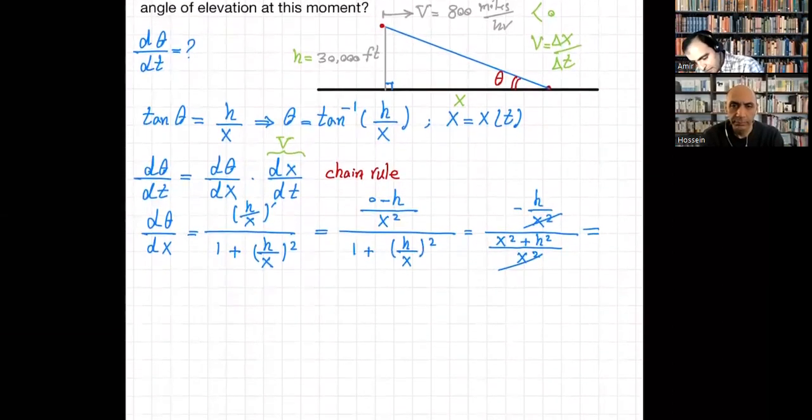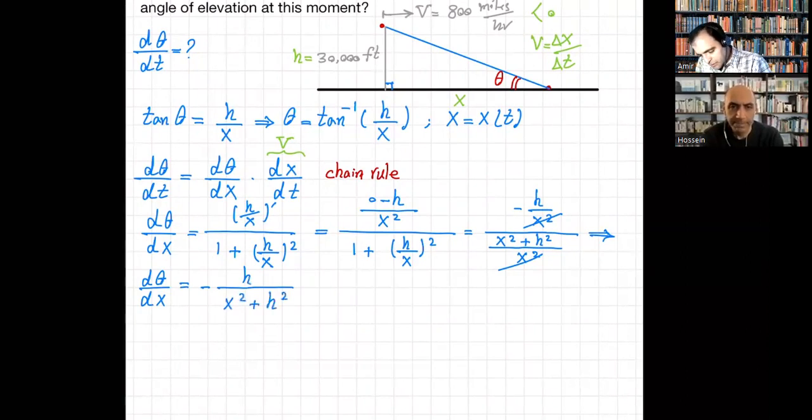And therefore, d theta over dx is equal to negative h over x squared plus h squared. Okay, so far we have this term, which is known. We obtained the derivative of theta, which is this one.